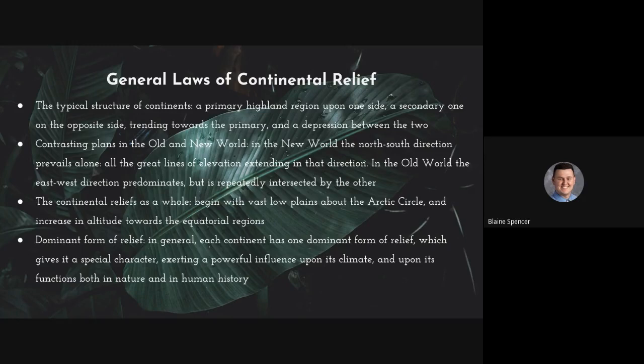So the typical structure of a continent has a primary highland region upon one side, a secondary highland on the opposite side, trending towards the primary, heading towards the primary highland, and then in between the two, there is a depression between the two.